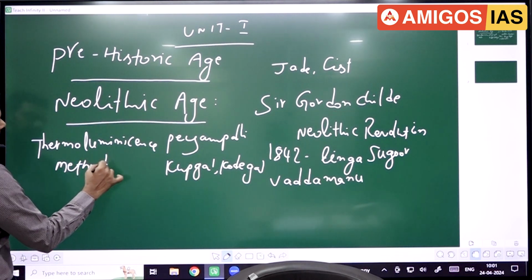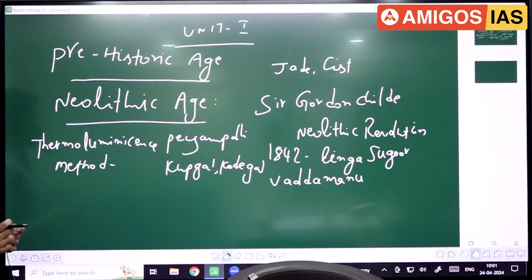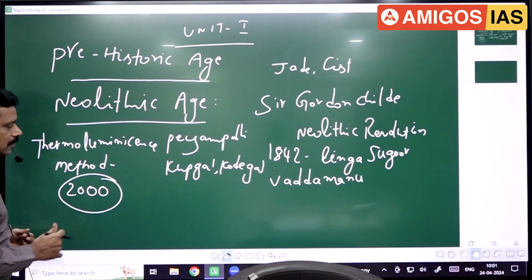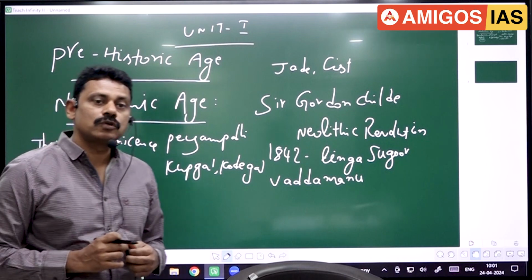By using this method, the age of the ash mound that we have found here was discovered. According to this method, the age of these ash mounds was about 2000 BC. They belong to 2000 BC.